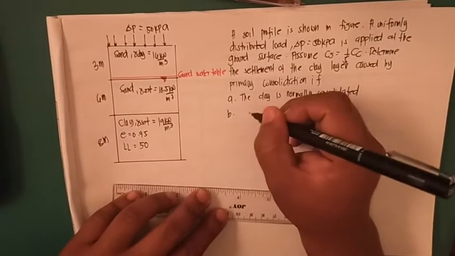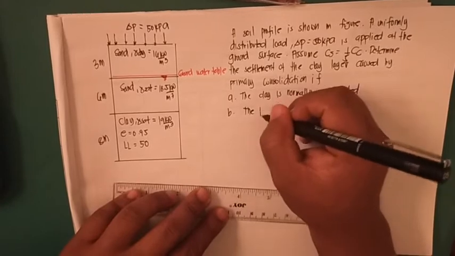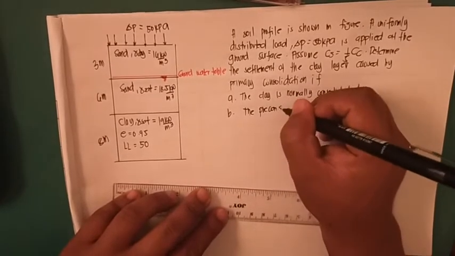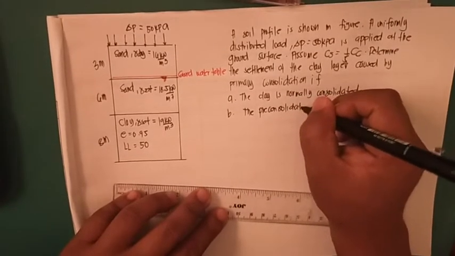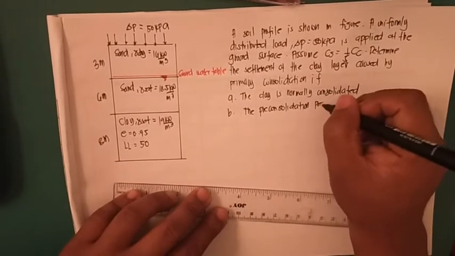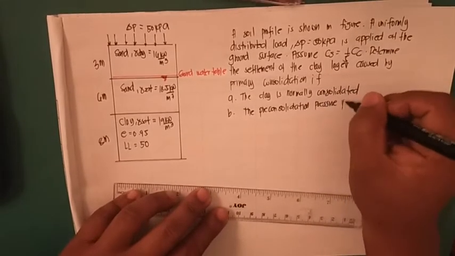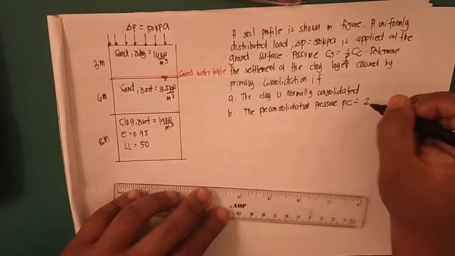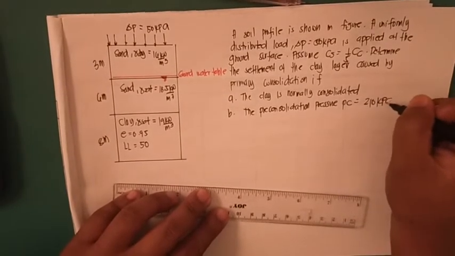The other one, letter B, the pre-consolidation pressure, PC, is equal to 210 kPa.